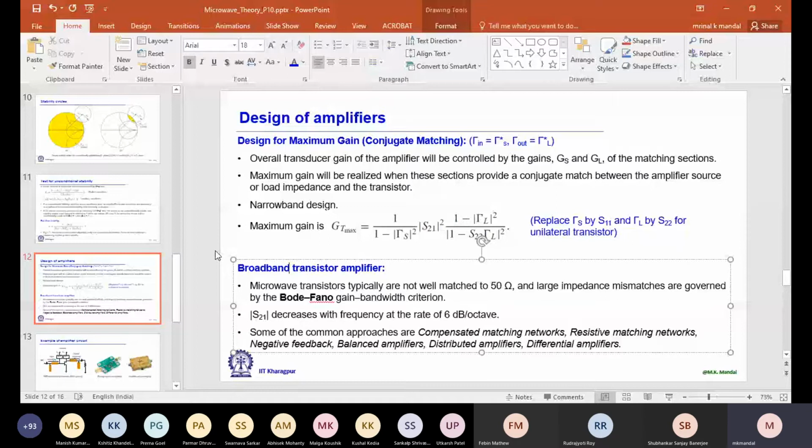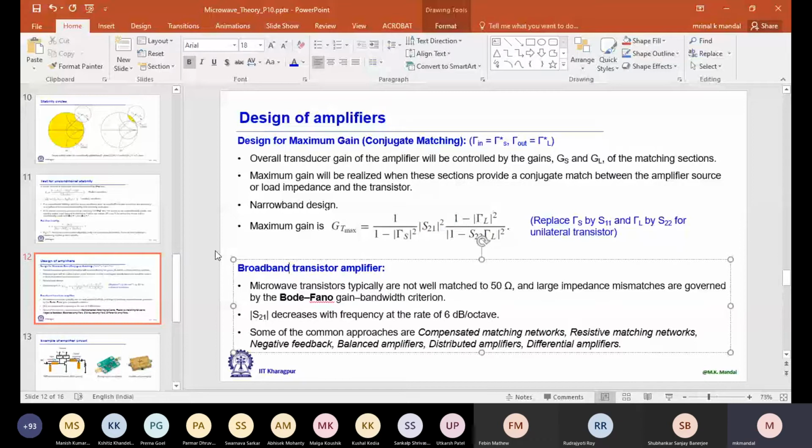Also, we note that S21 decreases with frequency at the rate of 6 dB per octave. Then what are the common approaches for designing a broadband transistor amplifier? We can have compensated matching networks, resistive matching networks, negative feedback technique. Balanced amplifiers comparatively show wider bandwidth.